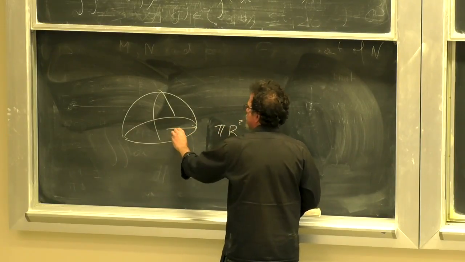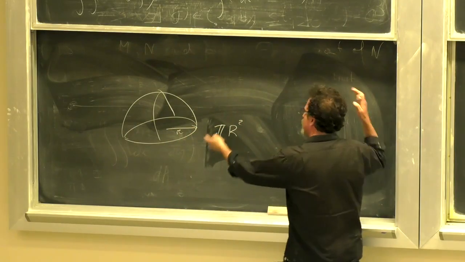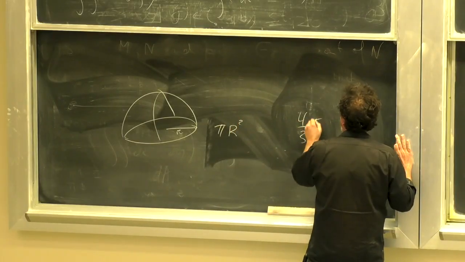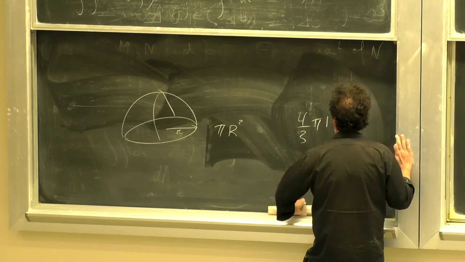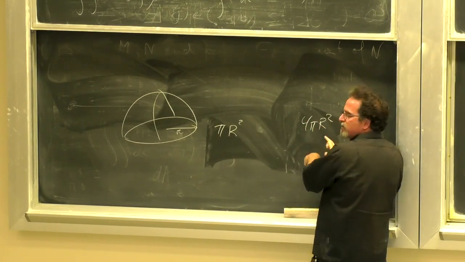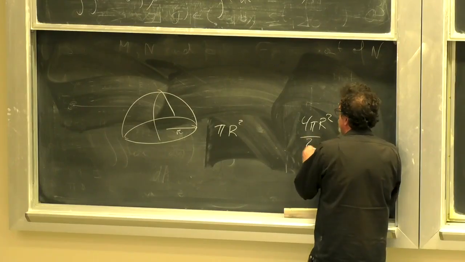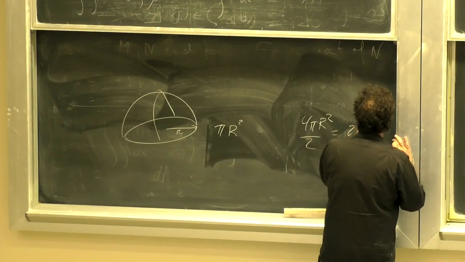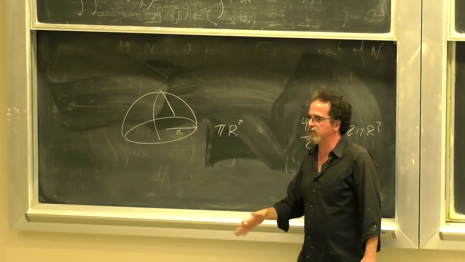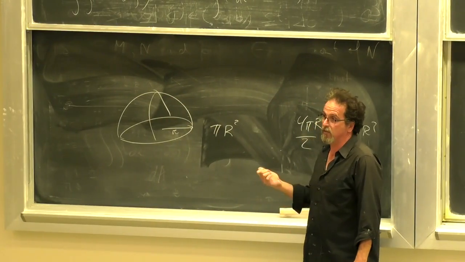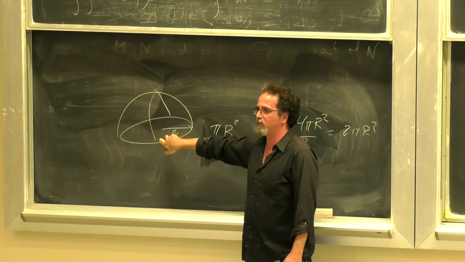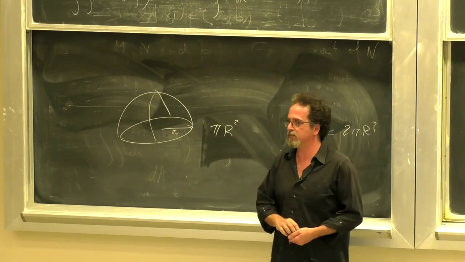And the surface area of this mountain is 4 pi r squared, the surface area of a sphere, divided by 2. So it's 2 pi r squared. In this extreme case, the hemisphere is twice the area of the disk that cuts through it. So you better sell land by that. Or if you own it, you better do this. And if you want to buy it, you better do that. Try to convince them.